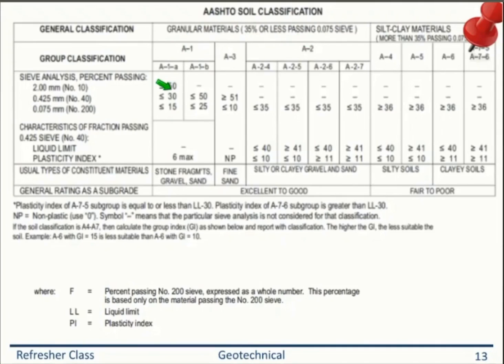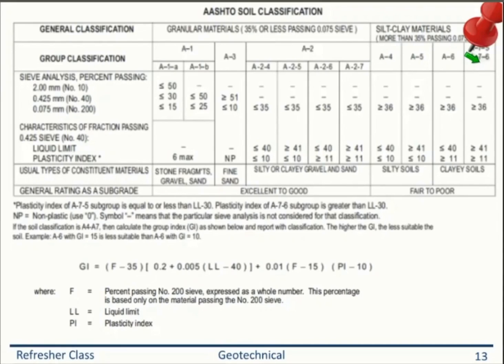You need to start here and use the process of elimination and move toward the right. If the percentage passing through the number 200 sieve is more than 35%, then your soil could start here. Your soil could be A-4, A-5, A-6 or A-7. Okay.